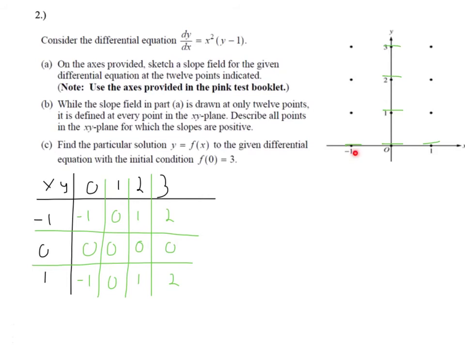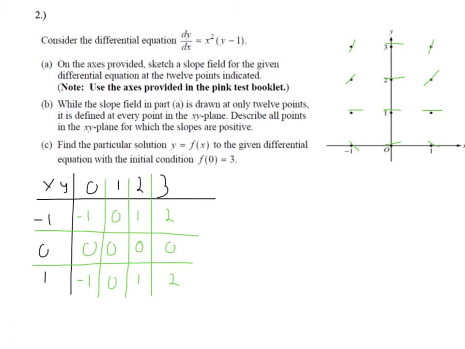I was going too fast. These were both positive, and then this one should be steeper. Okay, so there's my slope field.